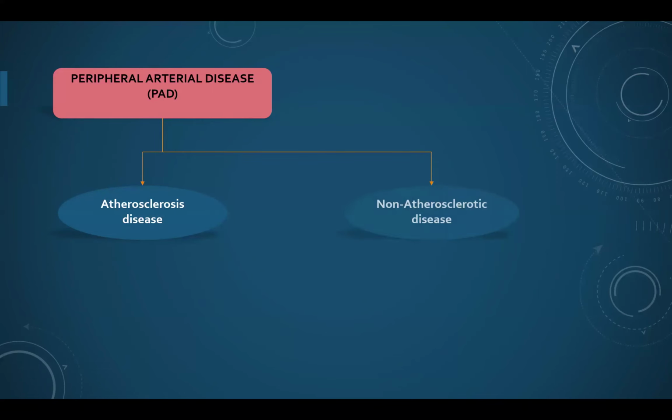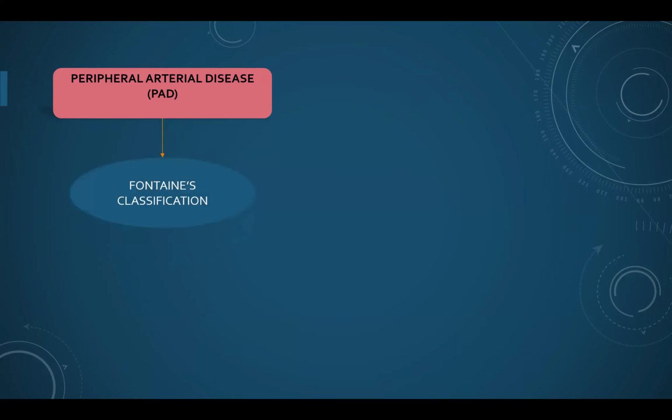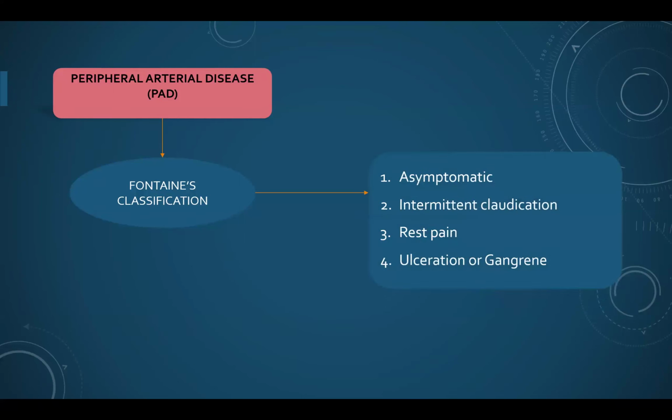The other part is non-atherosclerotic disease, which includes arteritis such as Takayasu's, Buerger's disease, giant cell arteritis, aneurysm, thromboembolism, aortic coarctation, and many others. It is clinically graded by Fontaine's classification: grade 1 is asymptomatic, grade 2 intermittent claudication, grade 3 rest pain, and grade 4 ulceration or gangrene.